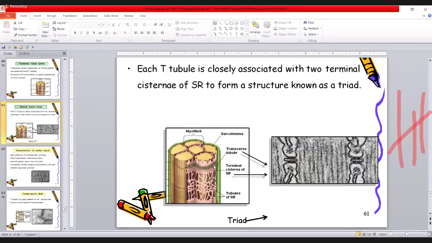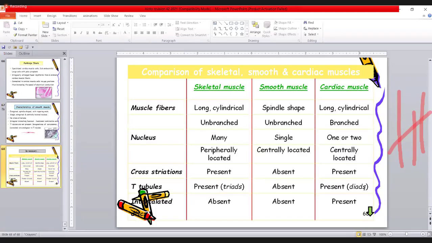So cardiac dyads, skeletal triads. And the last feature is the intercalated disc, which is absent everywhere except in cardiac muscle cells. Those are roughly the features that differentiate the three types of muscle cells.